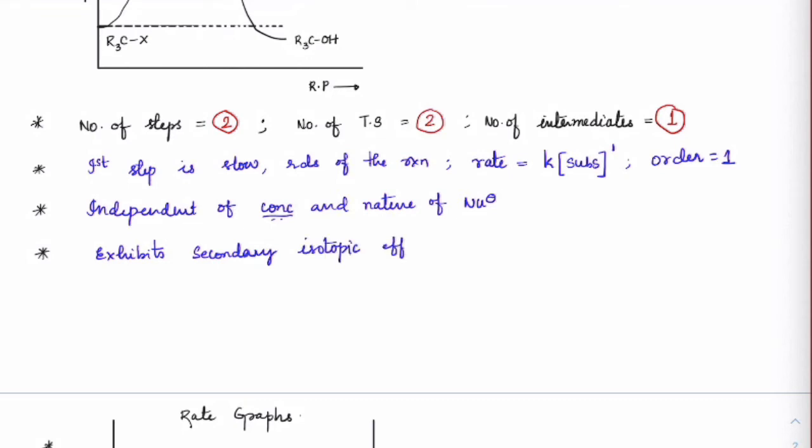effect. Just like in E1, you may have observed that the stability of the carbocation is an important feature of the rate.